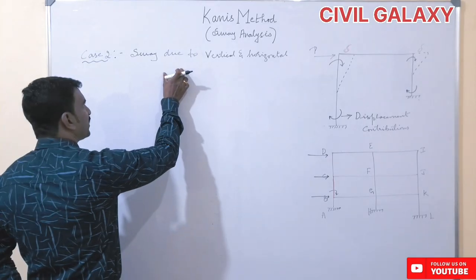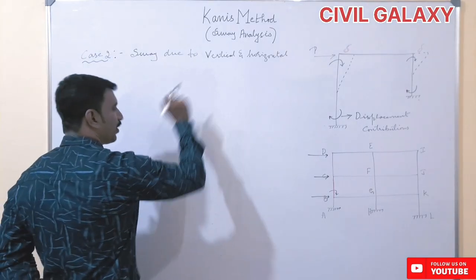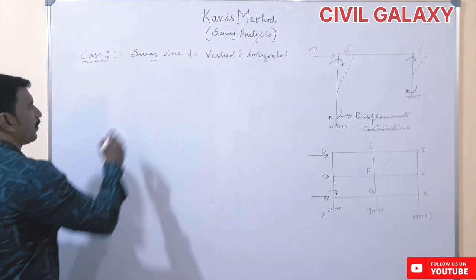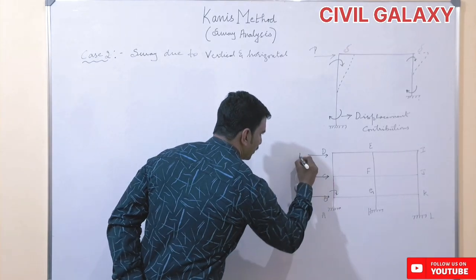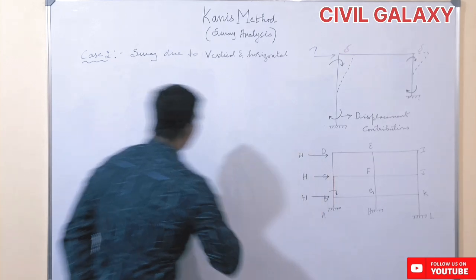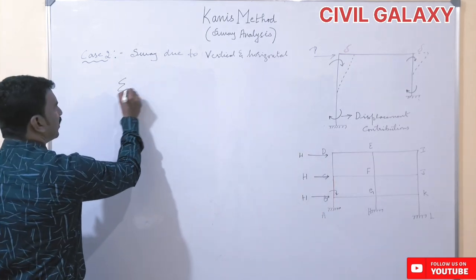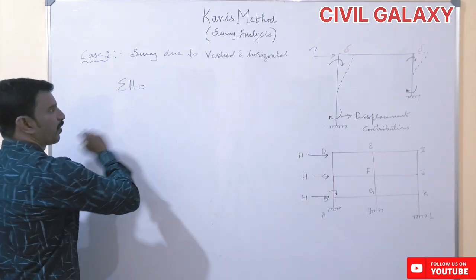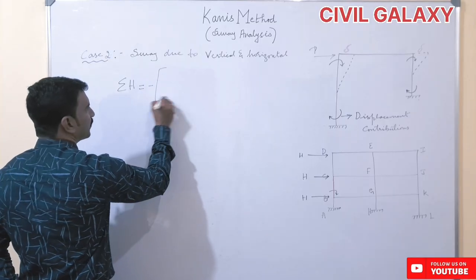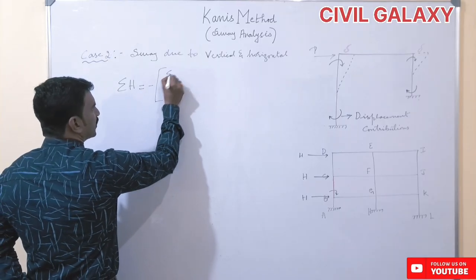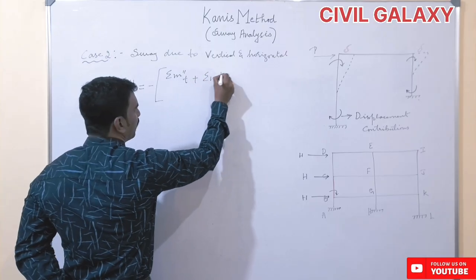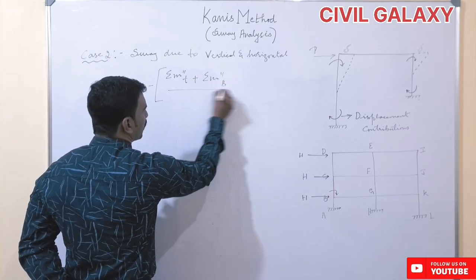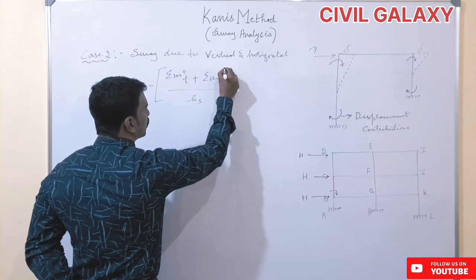Whenever a frame is subjected to lateral sway due to vertical and horizontal load, the value of H, that is sigma H, we have got as minus summation of M double dash T plus summation of M double dash B upon the height of the story.